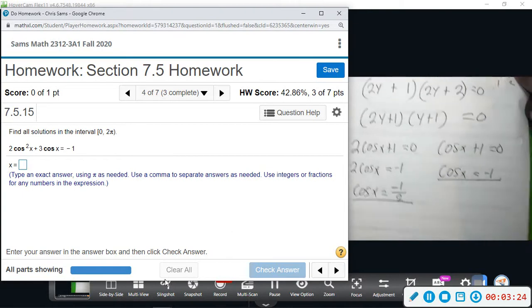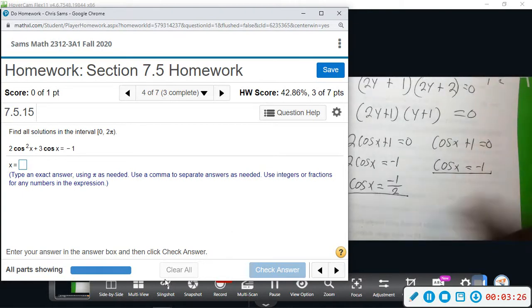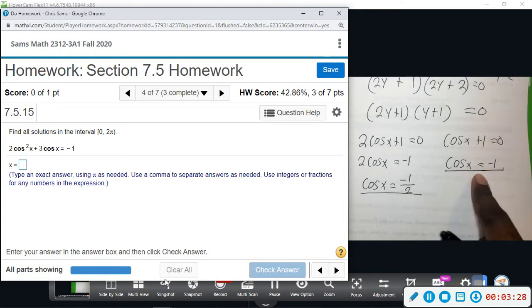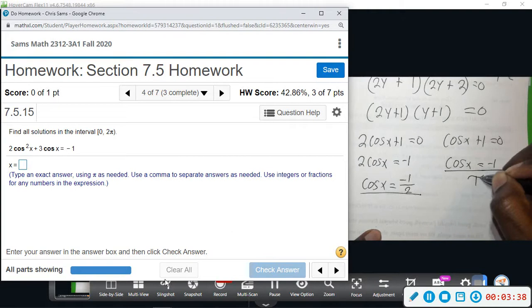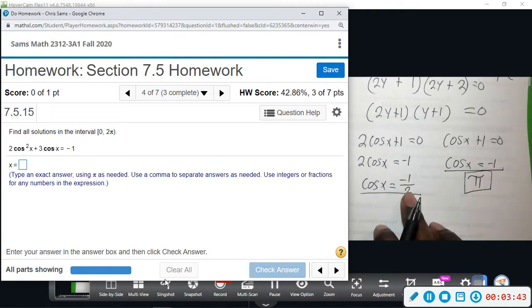So if you use the unit circle, the value that gives you cosine of negative 1, so on the left side, that's just equal to pi. It's only 1 in radians. And then the values that give you a negative 1/2 on the left hand side, which I think we just looked at those.